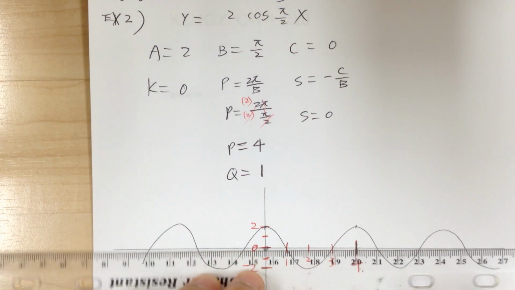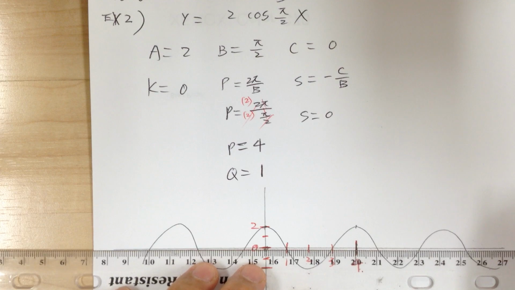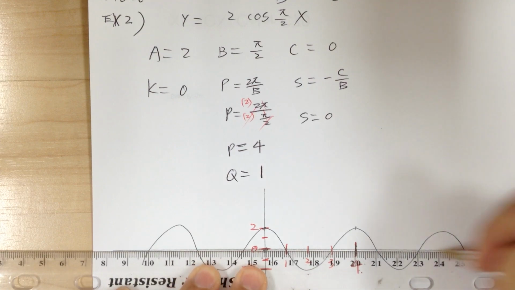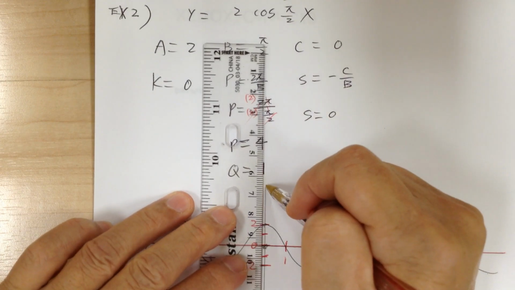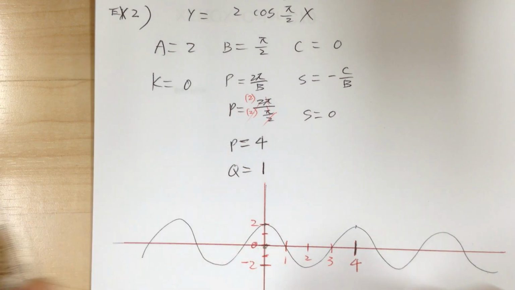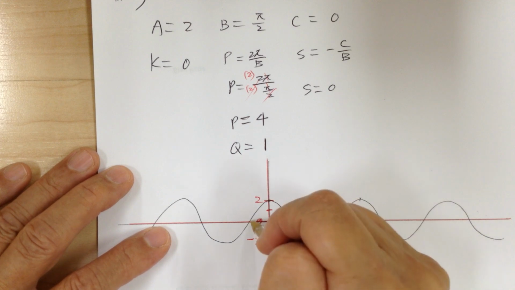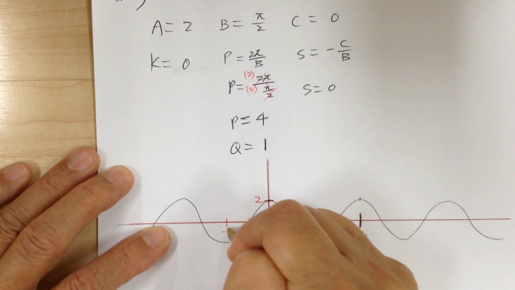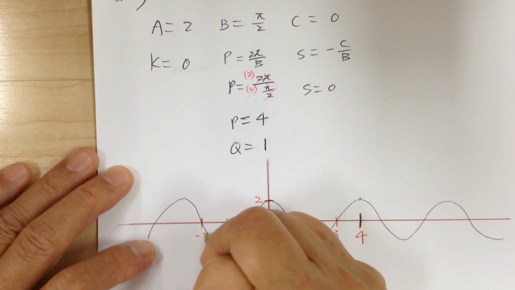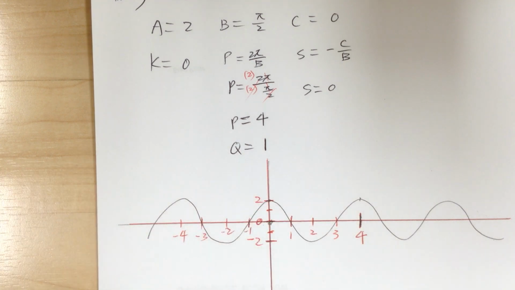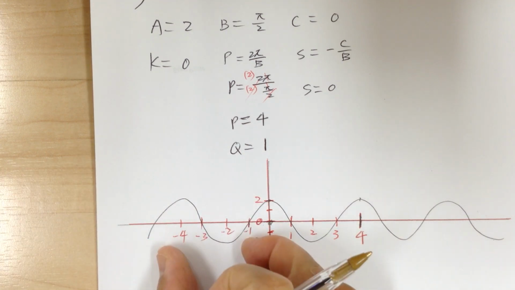Once we do that, we can just finish up the graph, darkening that, and darken that. If you want to go backward, that's fine. This would be negative 1, negative 2, negative 3, negative 4. Normally you want to do 1 period this way, 1 period this way.